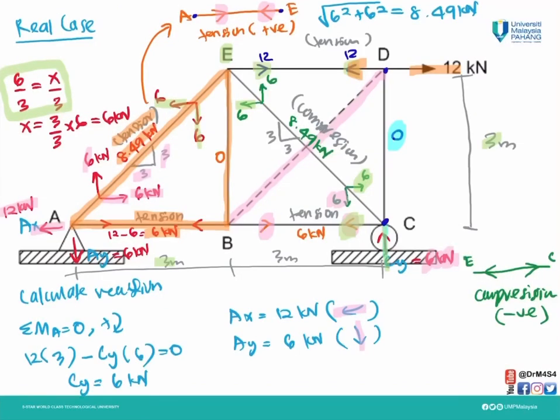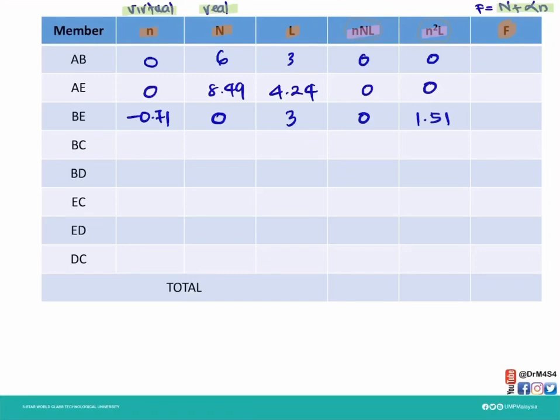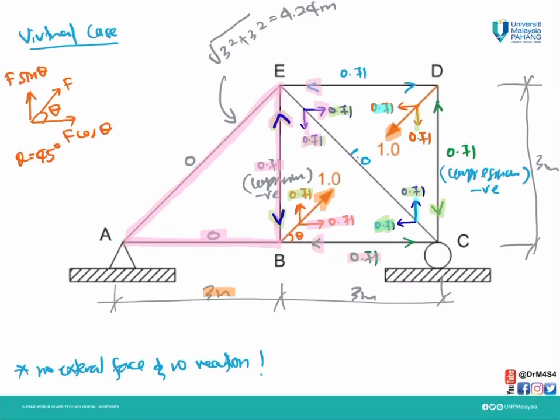So this is 0. So this one is 1.51. So for a real case, we take out member BD. Therefore, there's no internal force for that. So 0. So check for virtual case for BD.